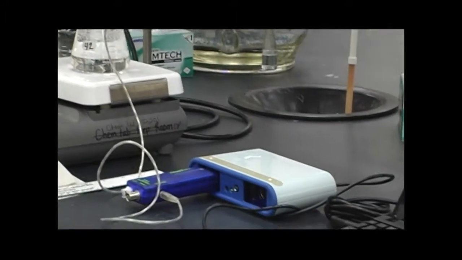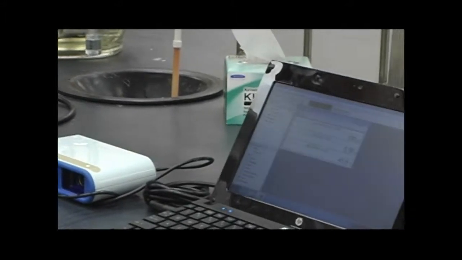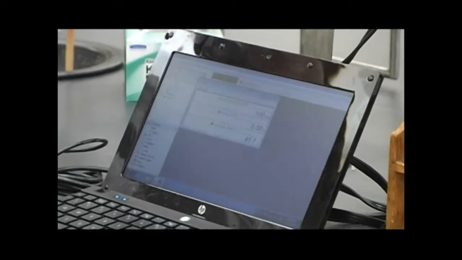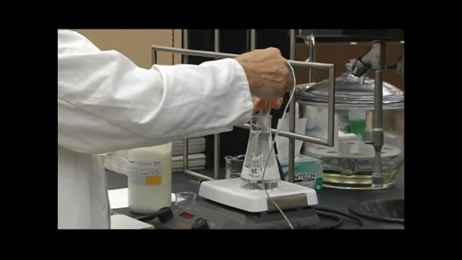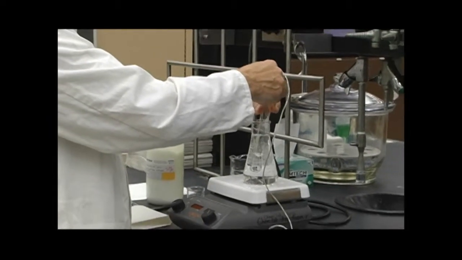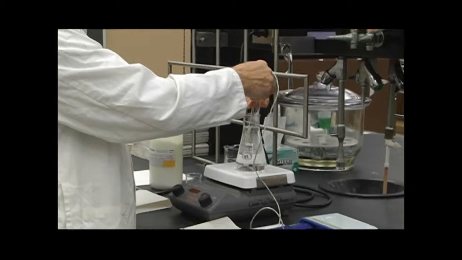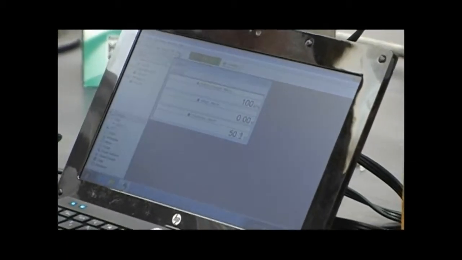And it's starting to melt, so that must be close to the melting freezing point. Right now we're at 50 degrees.